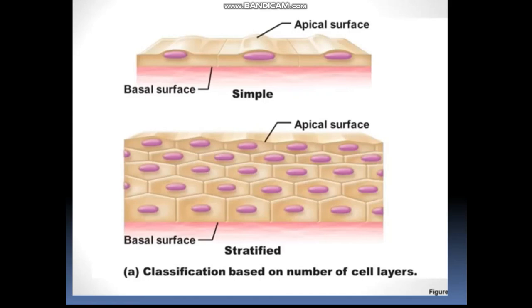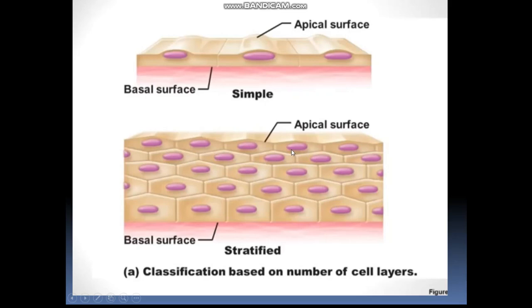Then another characteristic of the tissue is polarity. And polarity means that in epithelial tissue, the cells will have different morphofunctional and biochemical domains. That's why in most of the epithelial cells, we will distinguish two parts, the apical part and the basal part.